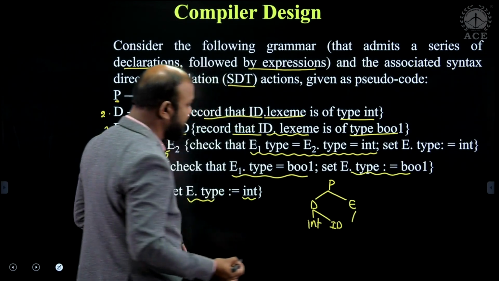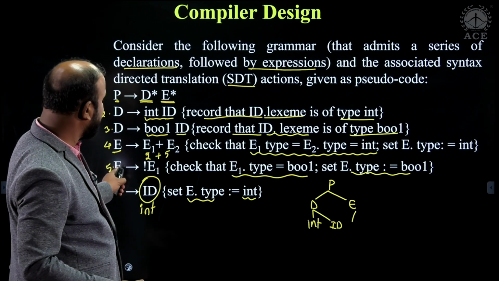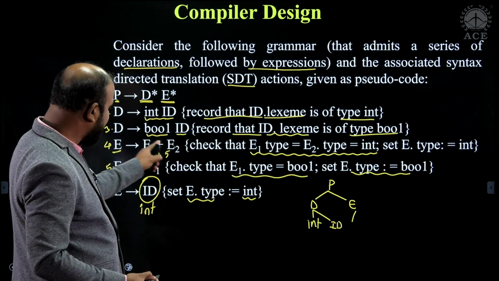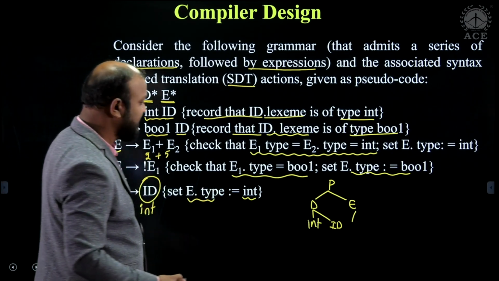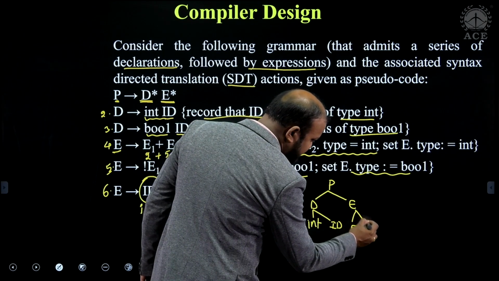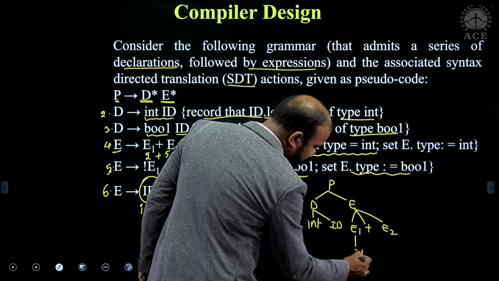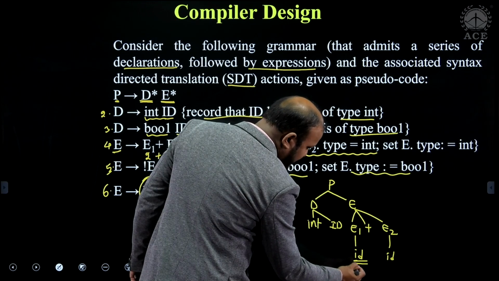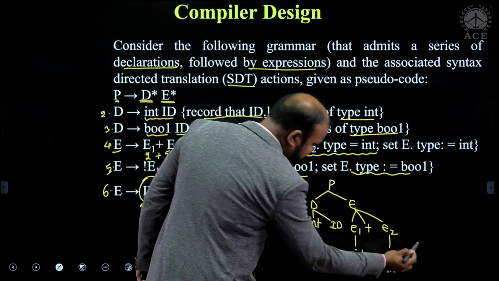The expression should be either E1 plus E2 or E tends to not E1. But what is E going to derive? ID, which is of type integer. Let us say E is E1 plus E2 and E1 is ID, and here E2 is also ID. And these identifiers are of type integer.